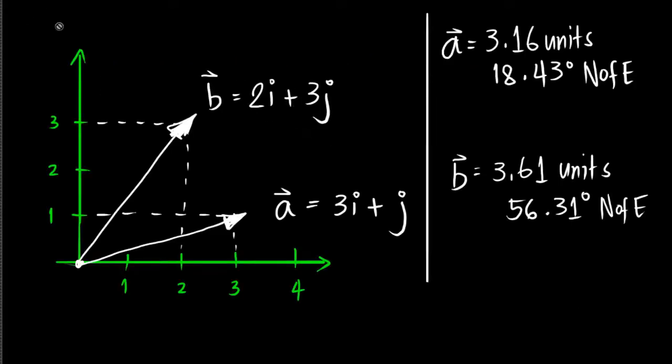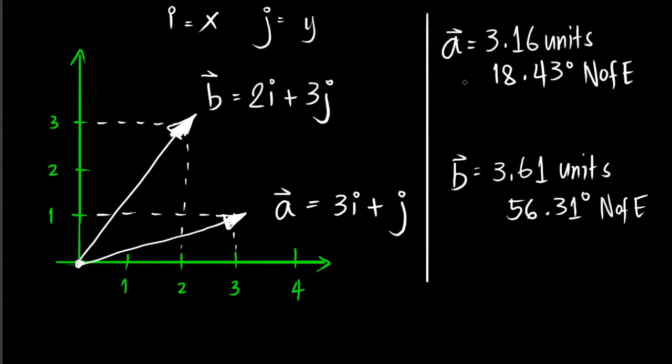Okay? So, let's look at the concept. You already know that we can plot our vectors in the xy plane, and that the components are x and y components. Let me introduce you to the letters i and j. In vectors, i stands for the x component and j stands for the y component.